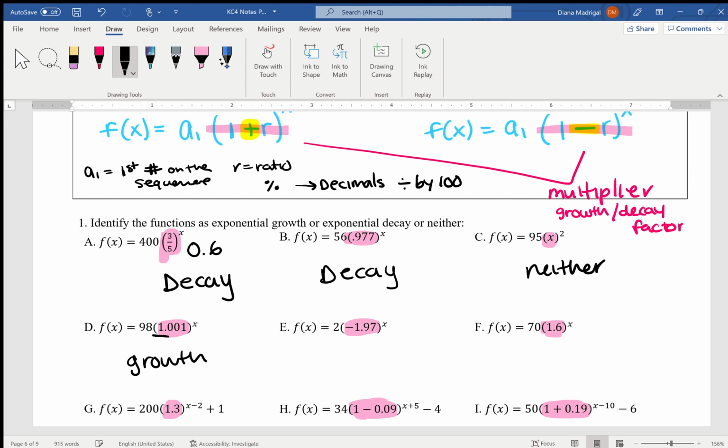The next one, you have negative 1.97. We did not talk about negative numbers inside the parentheses, so this one is neither. You cannot have negative numbers for this. When you are talking about growth and decay, there are no negative numbers. Okay, f, you have 1.6. Again, it starts with a 1 point, so that is more than 1, so it's a growth.